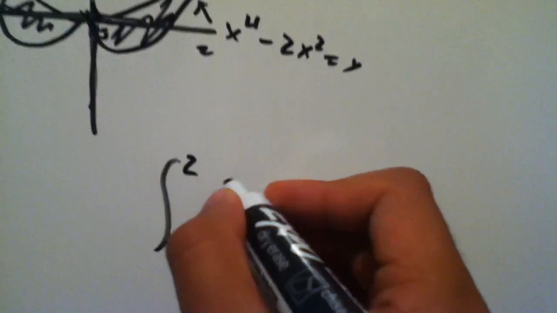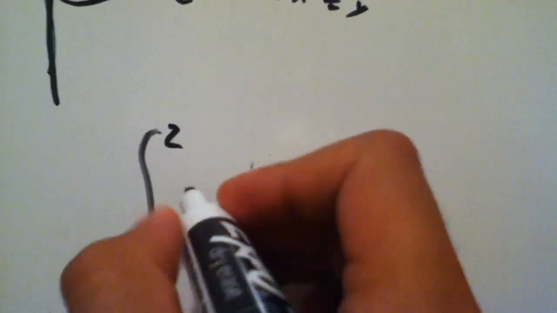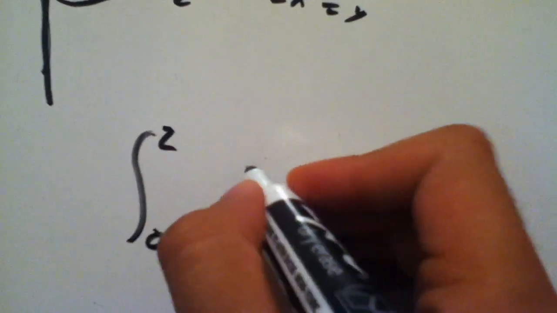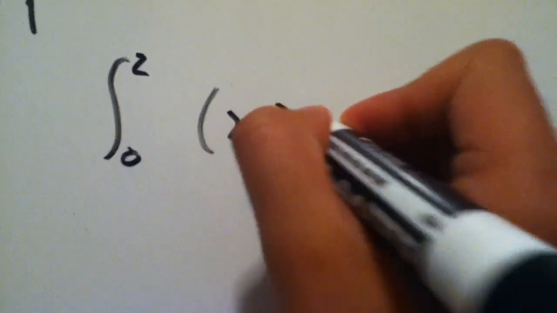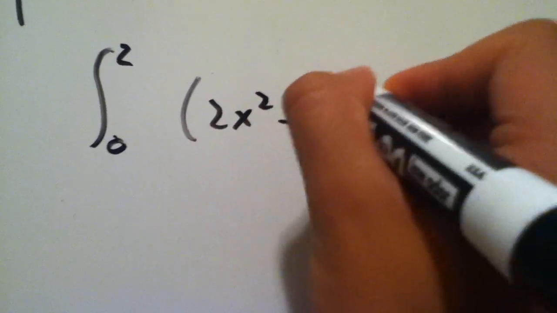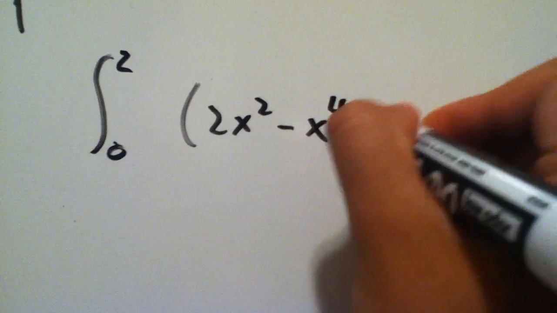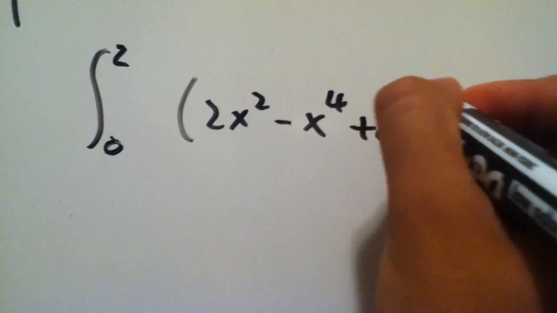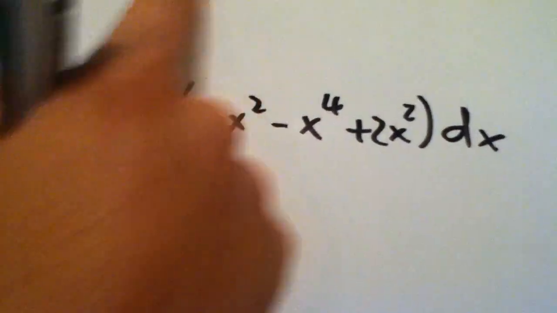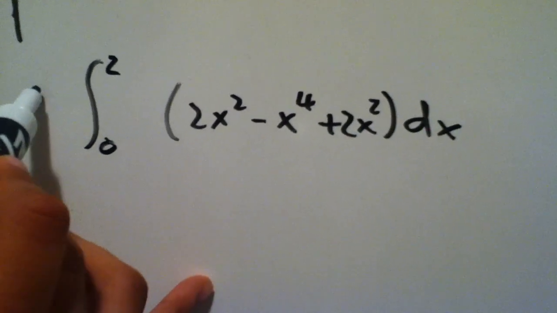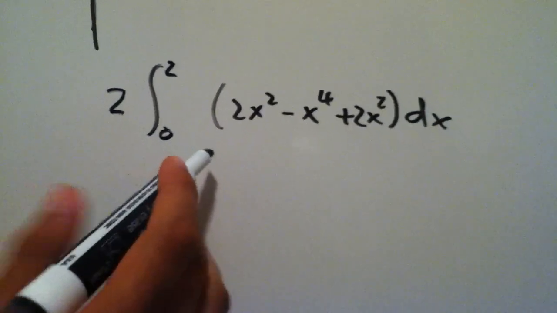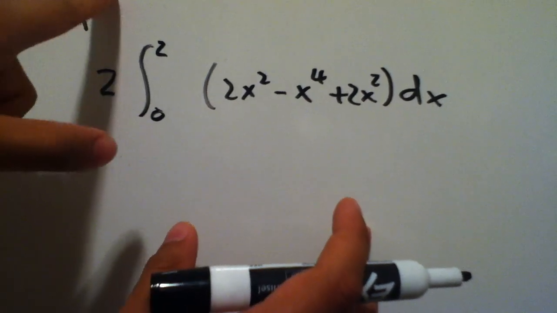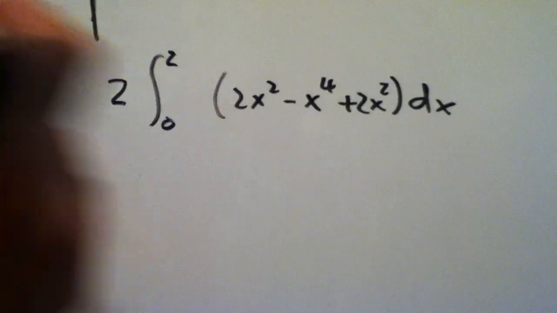So if we go ahead and do that now, from 0 to 2, we subtract: 2x squared minus x to the power of 4, and it'll be plus 2x squared now because we just subtracted it, so the signs flip. And then we're going to multiply this whole thing by 2, because that's going to give us the entire sum of these two areas.